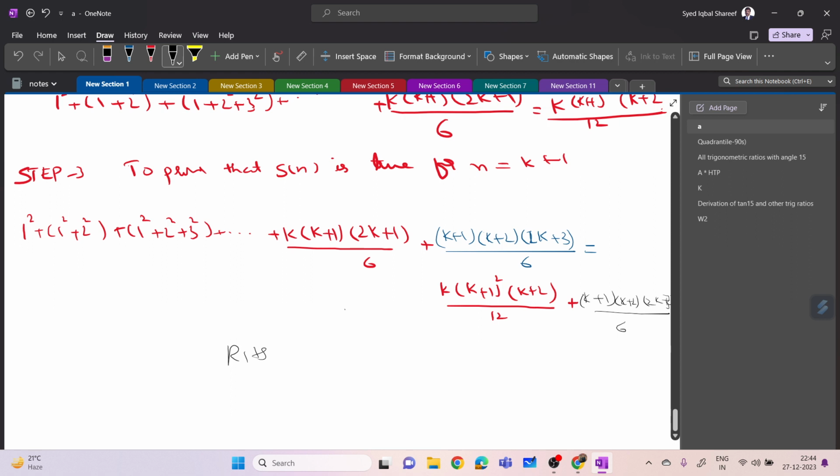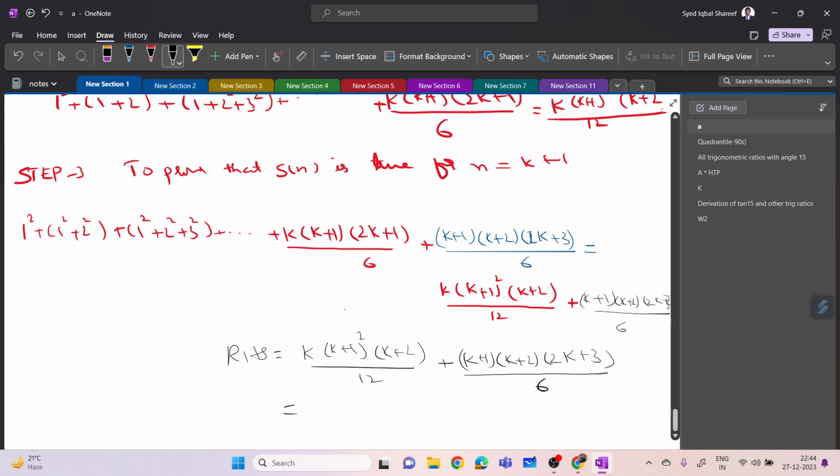So now right hand side, this is k into k plus 1 whole square, k plus 2 divided by 12 plus k plus 1, k plus 2, 2k plus 3 by 6.